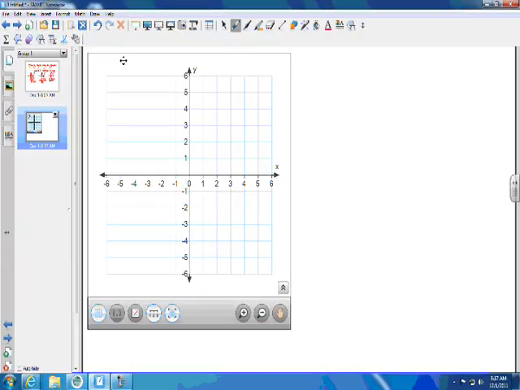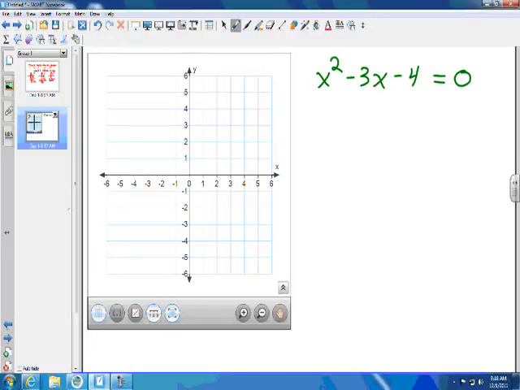x squared minus 3x minus 4 equals 0. Most of the functions for the rest of the chapter will be set equal to 0. That's what we're trying to find. That's why we call them zeros, because we're setting this quadratic function equal to 0 to find out where x equals 0, where it crosses the x-axis.